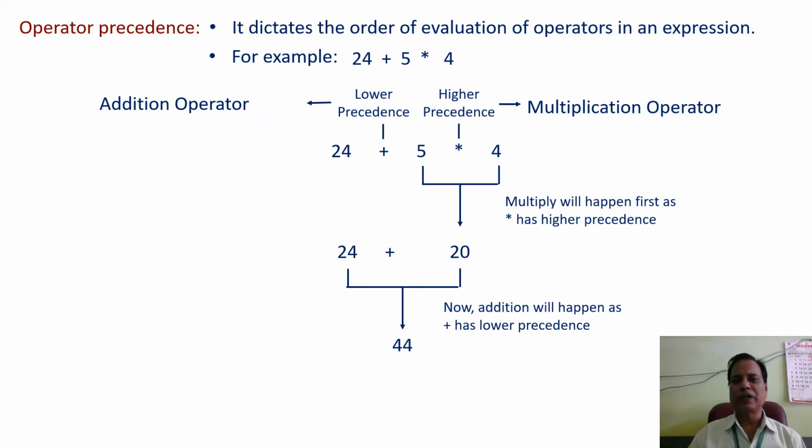From this figure, it is clear, knowing that the multiplication operator asterisk has higher precedence than the addition operator. So first this operation is performed: 5 is multiplied by 4, that results in 20, and then this 20 is added to the 24 and finally we get 44.